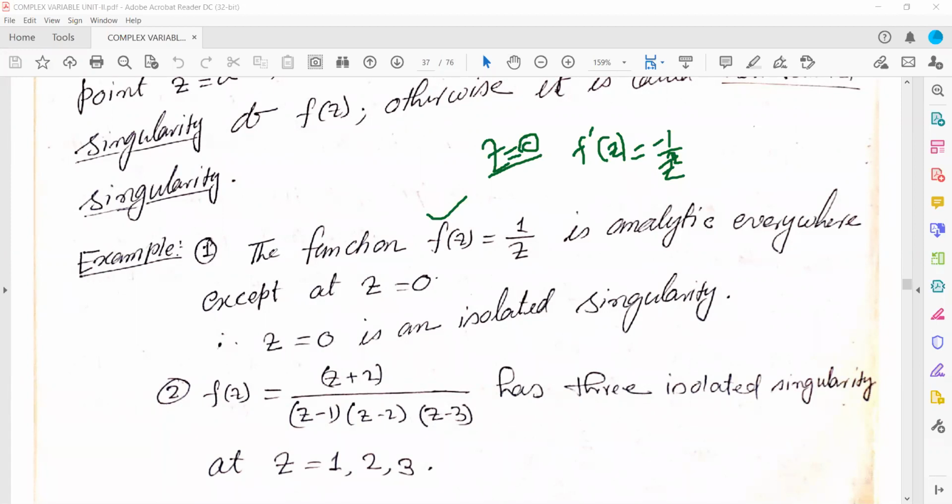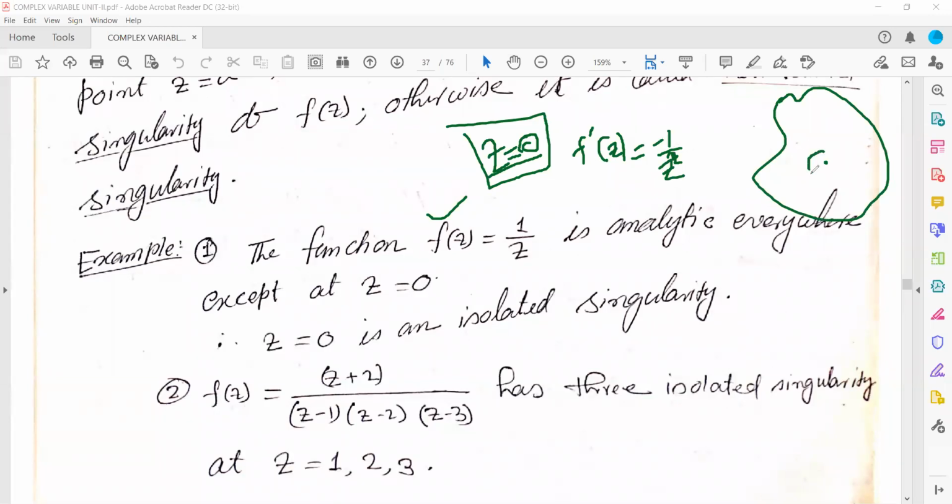That means you are getting only one singularity here. There is no other singularity. So if you take any region and take z equal to 0 here, where the function is not analytic, that means z equal to 0 is the singularity of the function f(z).